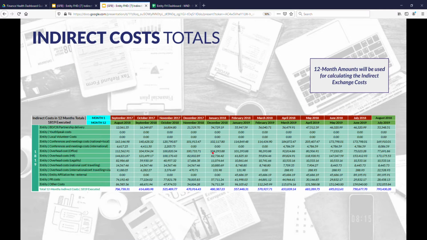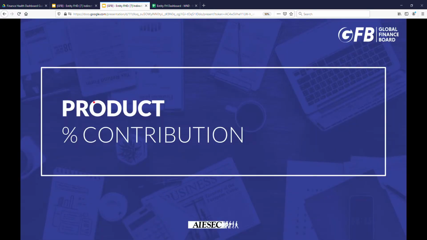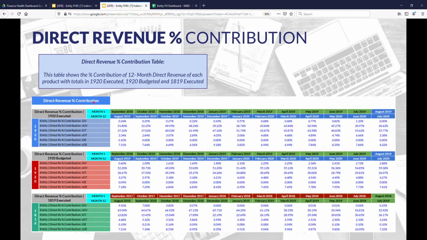But for the calculation of indirect exchange costs, we are using the 12-month totals so that it's more holistic in terms of checking everything out, and in terms of calculating product sustainability as well. Product contribution, as already mentioned earlier, is basically to have a more holistic allocation for each product.